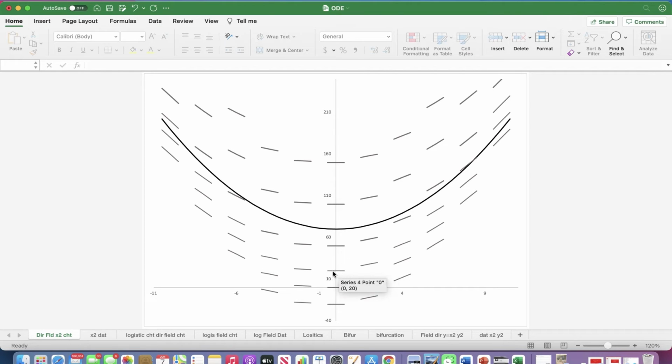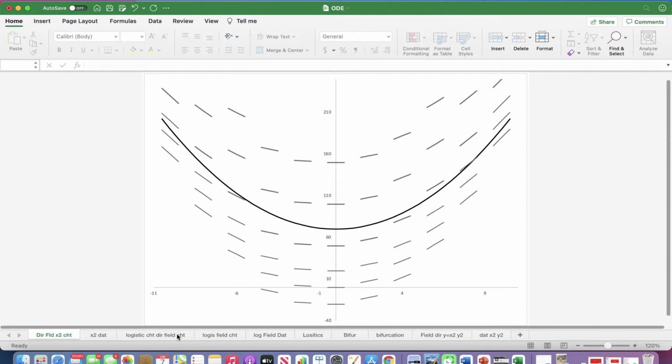I displaced the parabola y equals x squared up the y-axis a little bit. Anyway, you get that point, but that's just for y equals x squared. And I recommend that you try it yourself. It's pretty fascinating to see how this works.